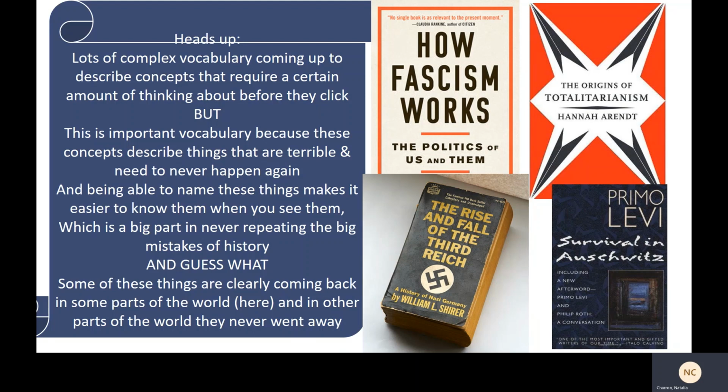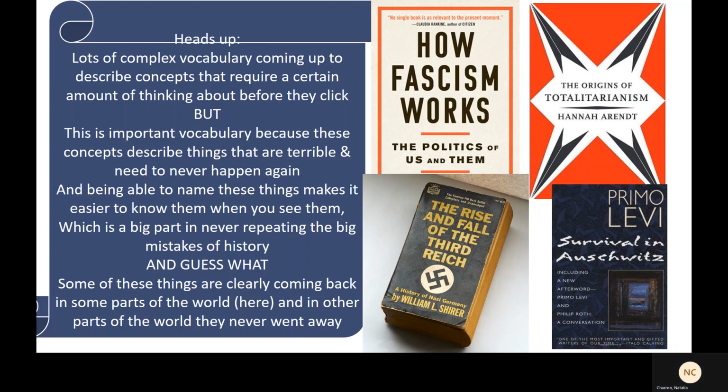But this complex vocabulary is incredibly important because these concepts describe things that are horrible and need to never happen again. And being able to name them makes it easier to know them when you see them, which is a big part of keeping the worst parts of our history from repeating.